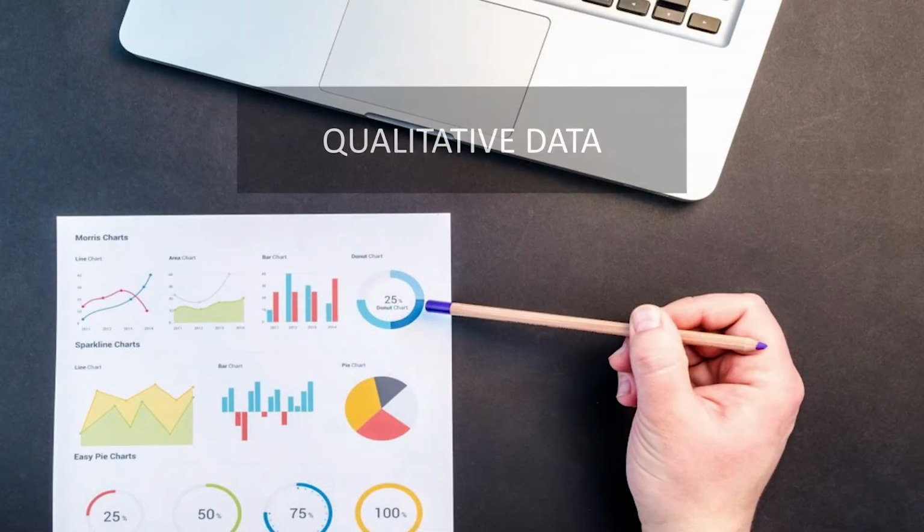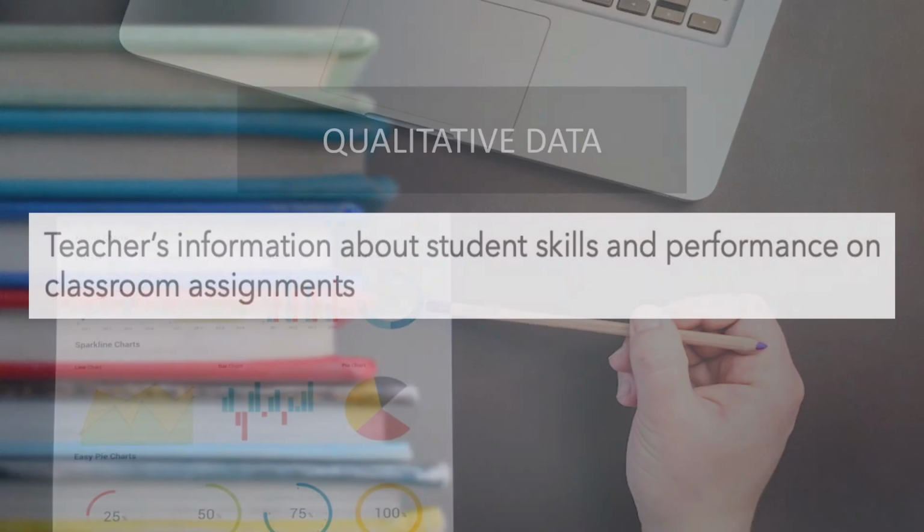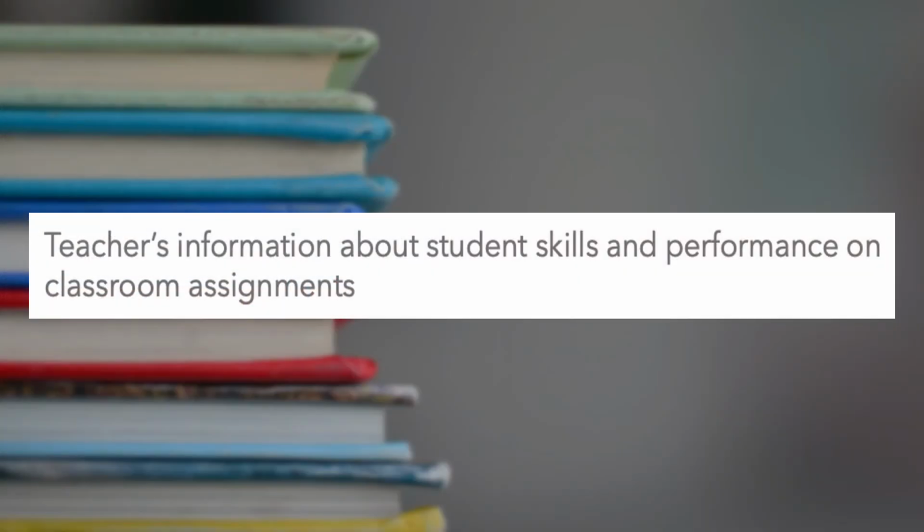Next is qualitative data. It's not important what score the student gets. It's not important whether the student got 3 out of 10 or 4 out of 10 or 5 out of 10. The more important thing is the qualitative data that talk about the student's skills and performance on the classroom assignments.